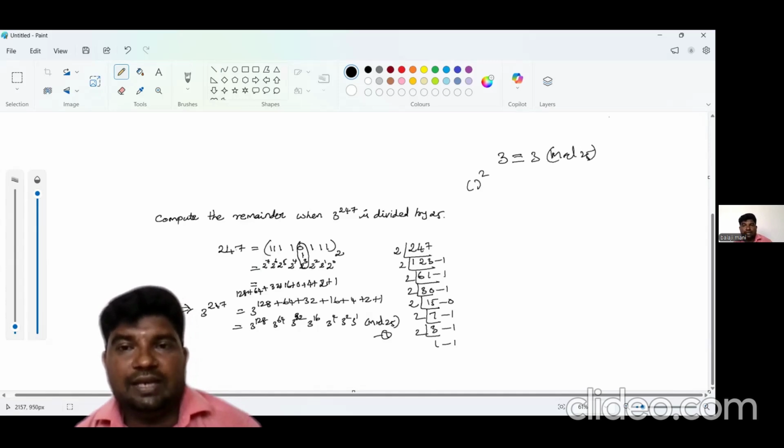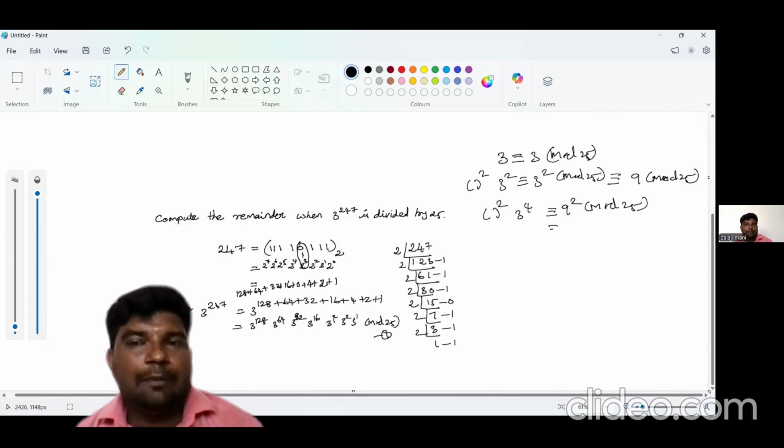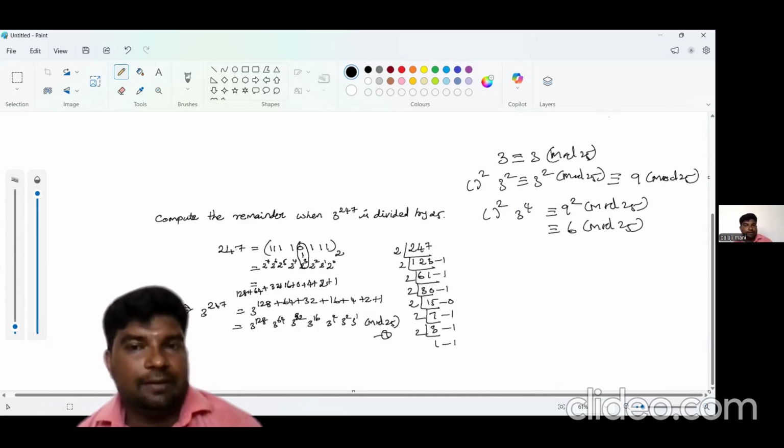Power 2 on both sides: 3 power 2 is congruent to 9 modulo 25. Again increasing the power, 3 power 4 is congruent to 9 squared, which is 81. Dividing 81 by 25 gives the remainder 6. So 3 power 4 is congruent to 6 modulo 25.